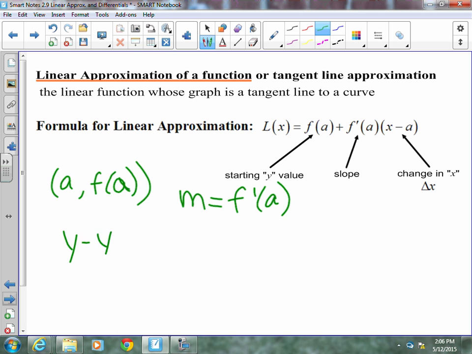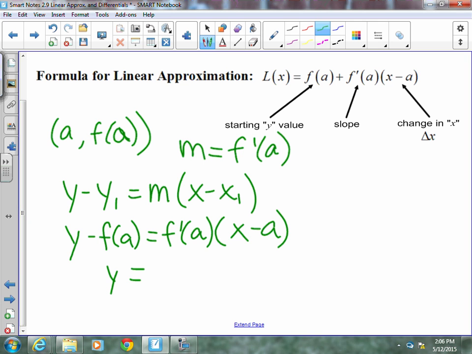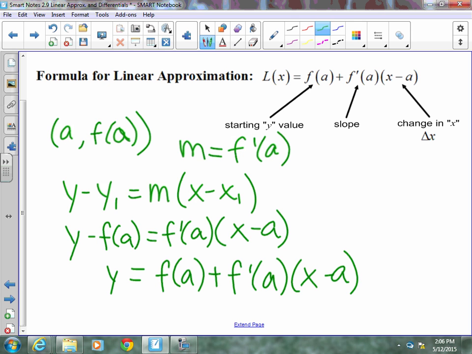And if we use point slope form and plug these things in, we get y minus f of a equals f prime of a times x minus a, and we end up with y equaling f of a plus f prime of a times x minus a when we move our f of a across the equal sign. So that's why it works. But a linear approximation really is just the tangent line to the curve at a point.